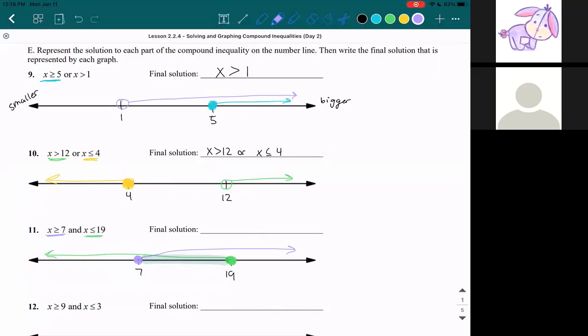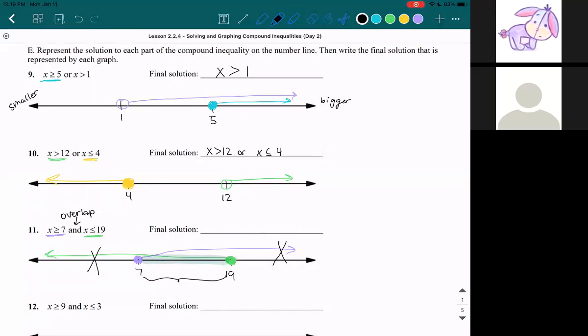And so anytime you see the word and, you're going to want to look for overlap. And you only want to have that overlap in your final answer. Because if it's and, it has to be both. This section, it's not both, it's just green. This section, it's not both, it's just purple. Only this part is the overlap.